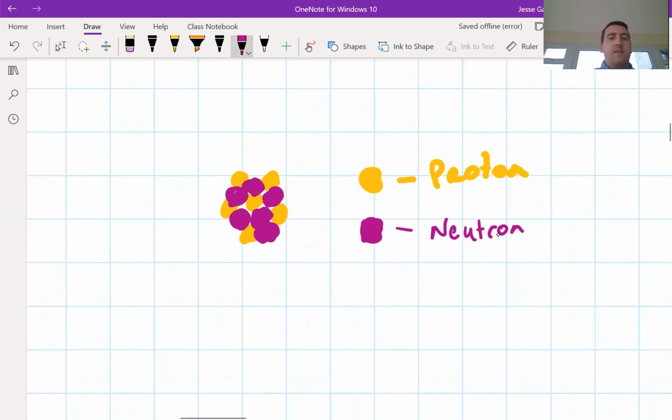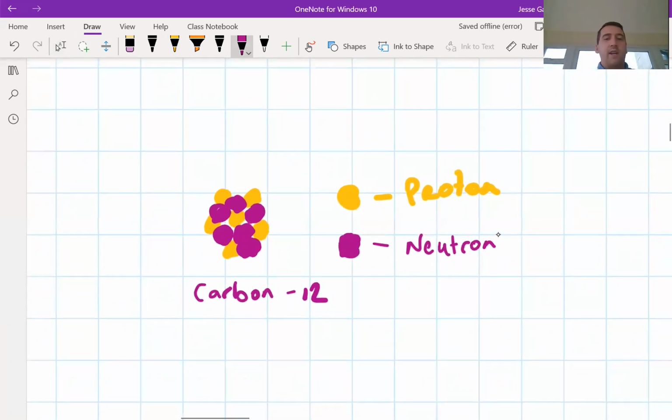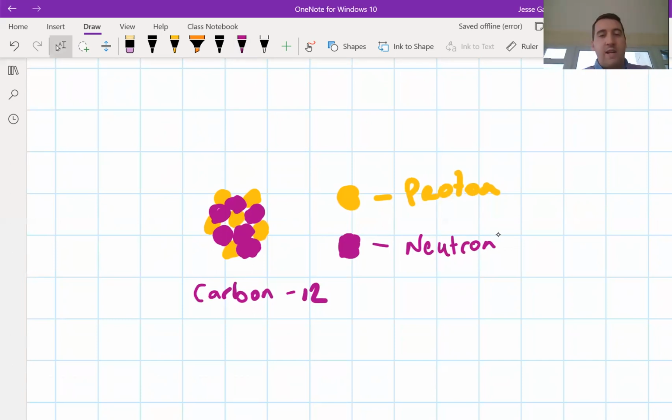This is what we call carbon-12. There are other isotopes of carbon, but this one is the overwhelming majority, 97 or 98%. So we've got 6 protons and 6 neutrons in an atom of carbon-12.